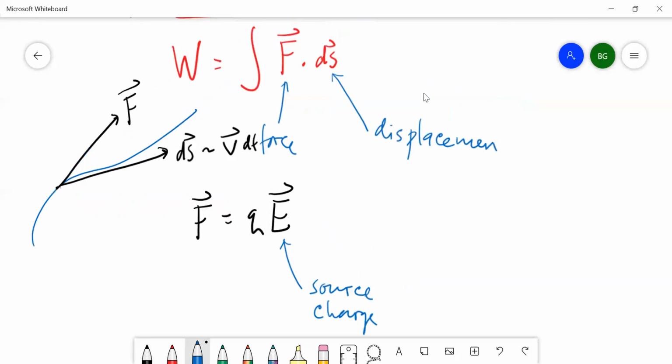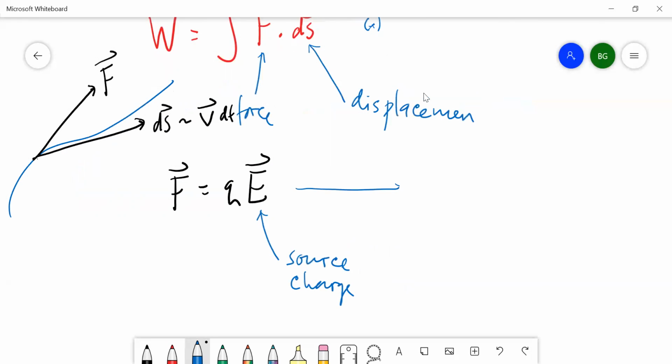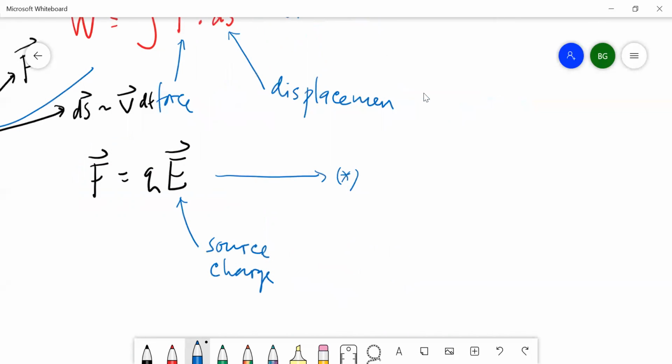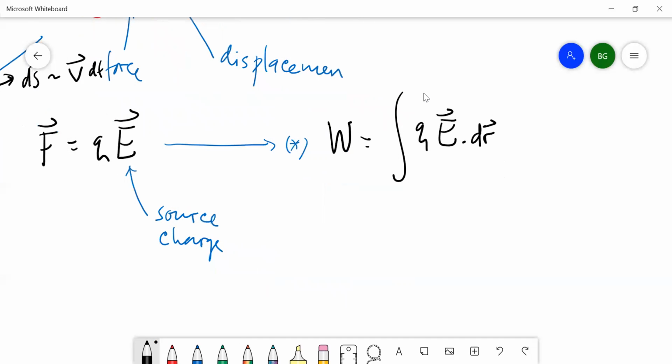So if we substitute this F into this equation, we will get that W, the work, is equal to Q times the integral of E dot dr, where the boundaries are Ri and Rf.